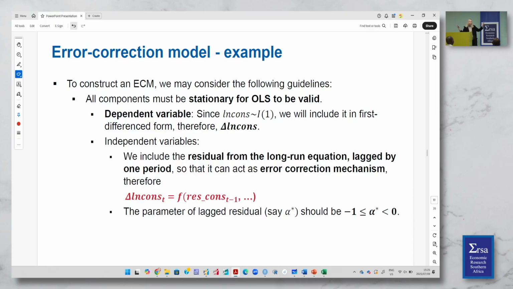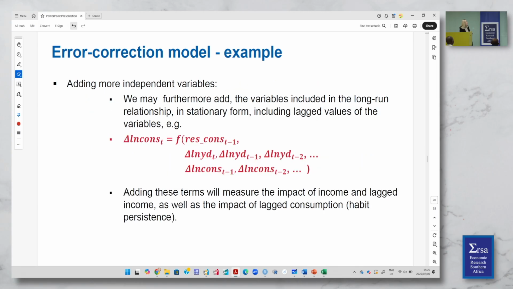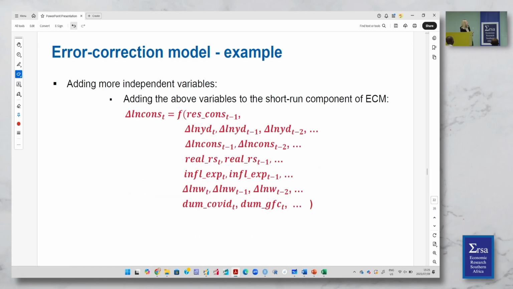There's general to specific or specific to general. What is the general to specific? You go ahead and you literally throw everything in. Every single variable that you believe can make a contribution, and as many lags as possible.